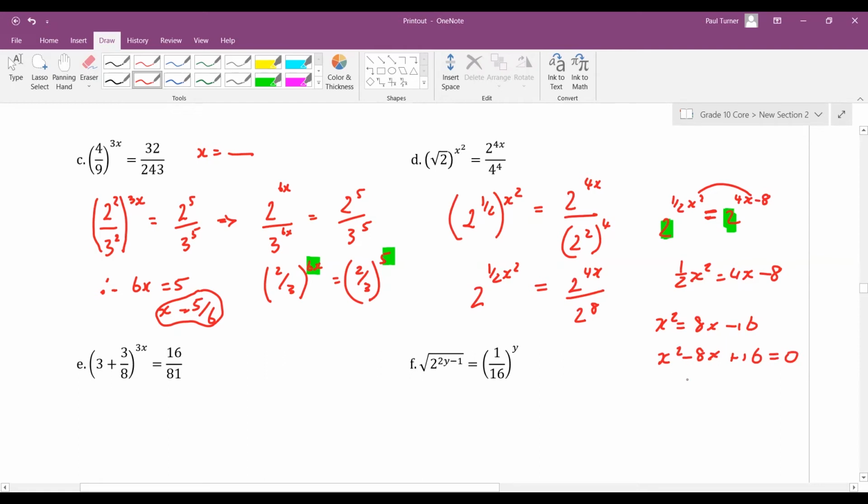We end up with x minus 4, x minus 4, isn't it? It's a perfect square. All right, so x equals 4 for that one. Okay, there. So minus 4, 16, minus 4 plus minus 4 minus 8. So that's question D.